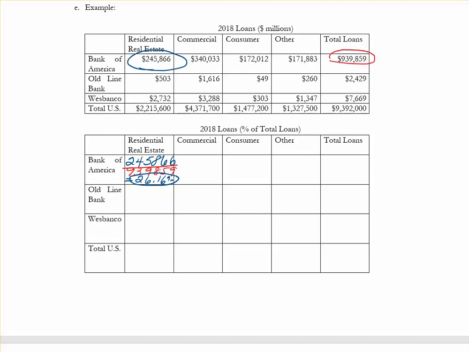And then do the same thing for commercial. We'll divide 340, that's actually 340 billion, by 939 billion. And when you do that, you'll get 36.18%. So I'll leave it for you to confirm that you can get these numbers. 172 divided by 939 is 18.29 for other.